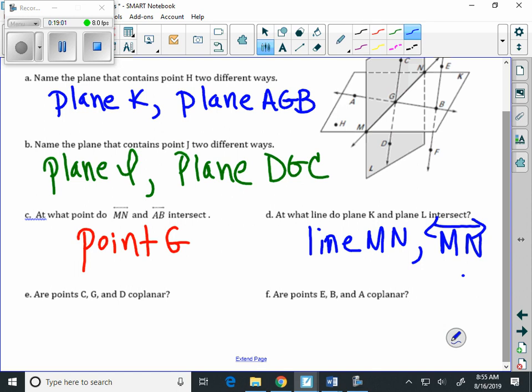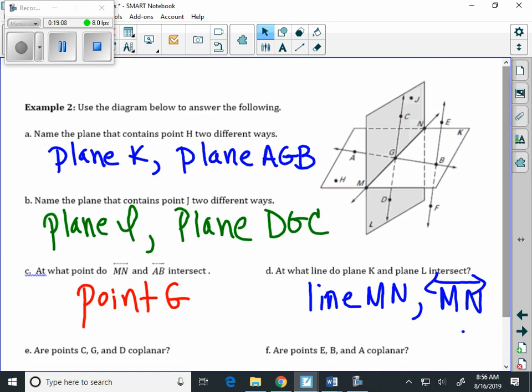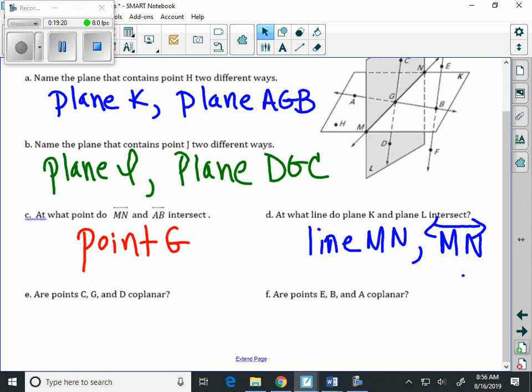Letter E, are points C, G, and D coplanar? Just come up here and point. C, D, and G. They're all within this kind of vertical looking plane. So yes.